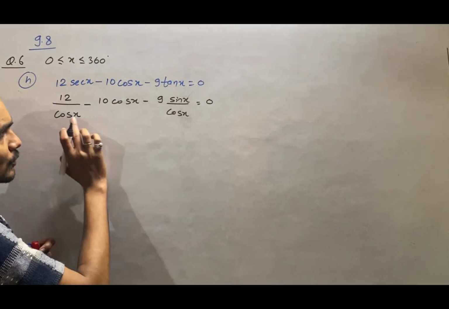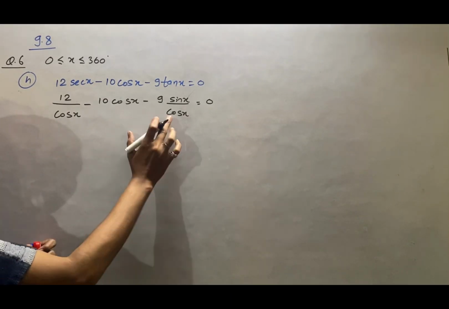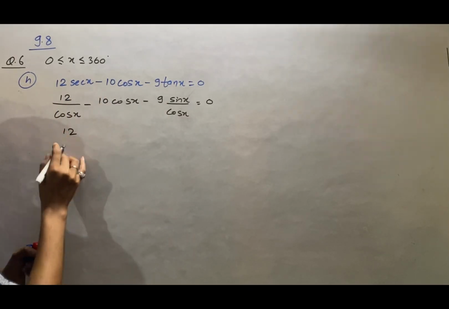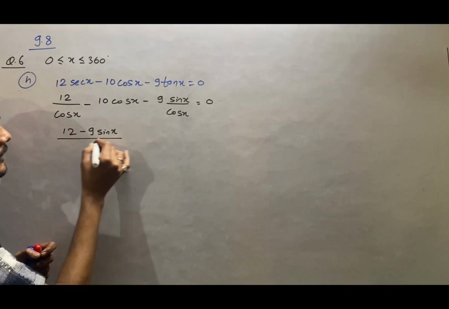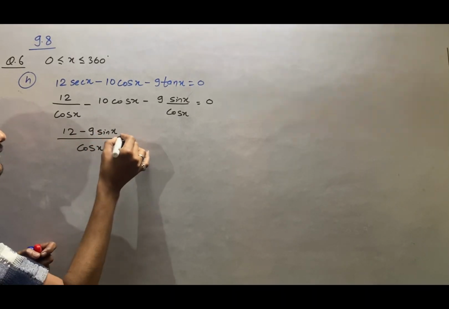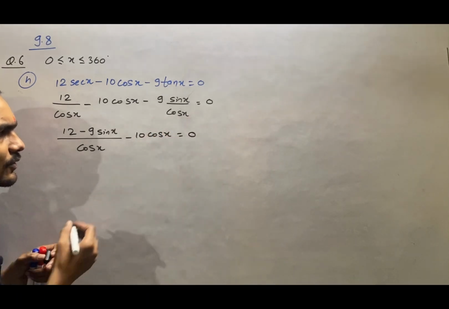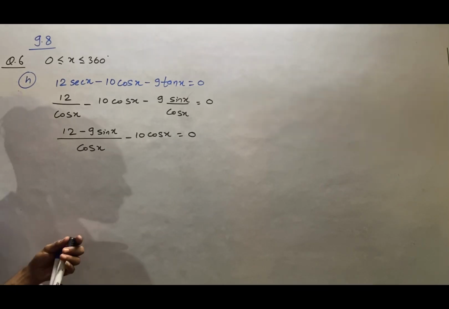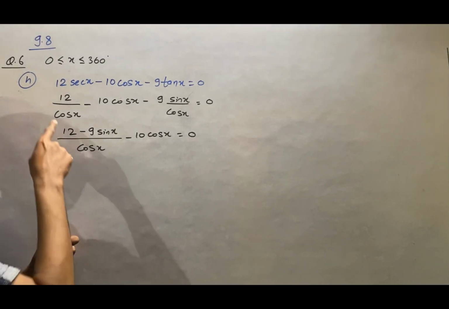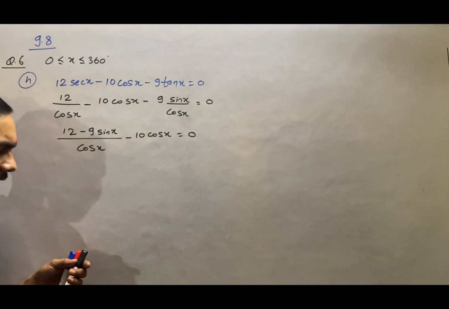Now these two terms have the same denominator, so we can write these two terms with one denominator, minus 10 cos of x equals 0. Because here the denominator is similar, so we can add or subtract the numerators directly.